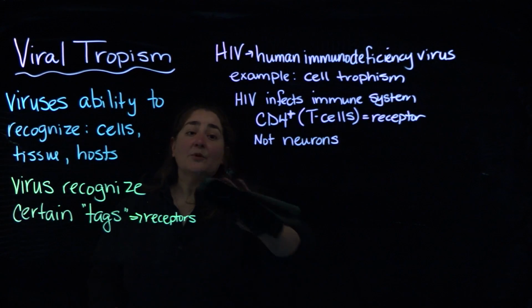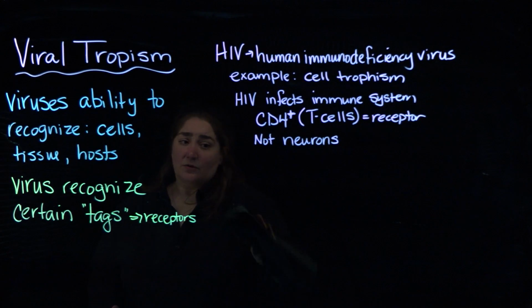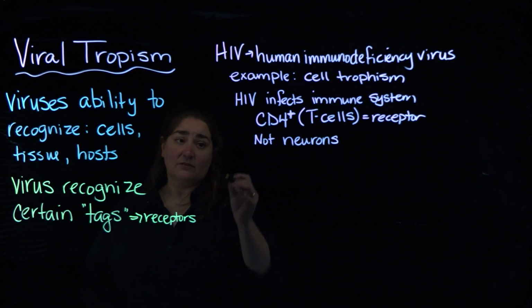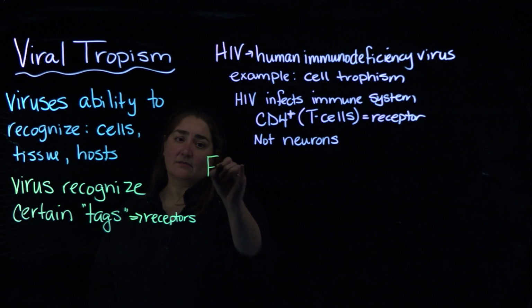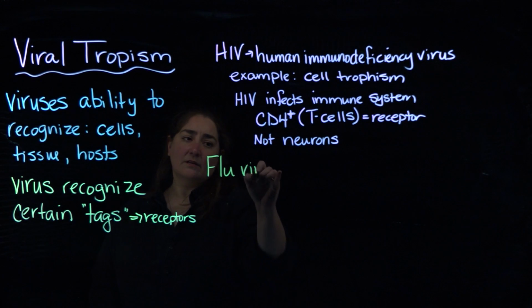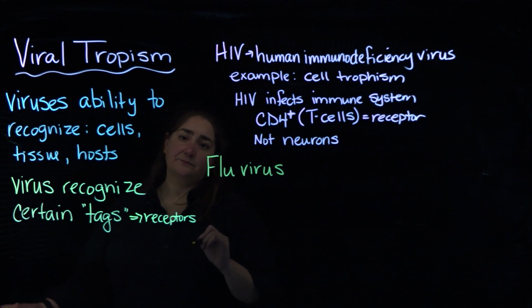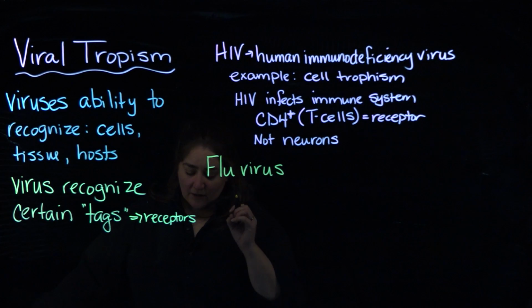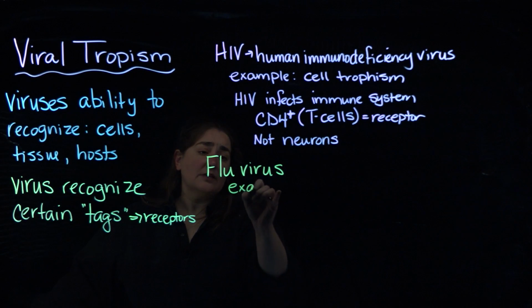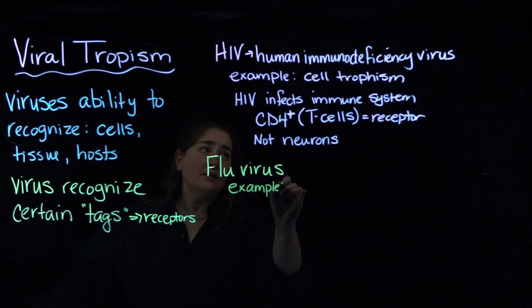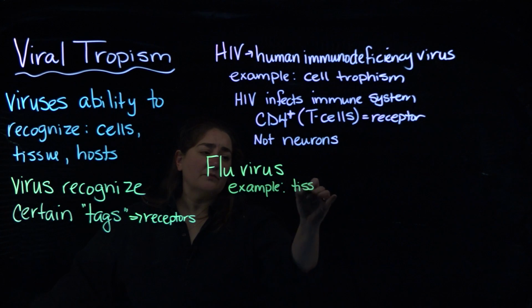The next example I'm going to give you is tissue tropism, or tissue specificity. So, in the case of tissue specificity, the flu virus, all right? The flu virus is going to be our example for tissue tropism.